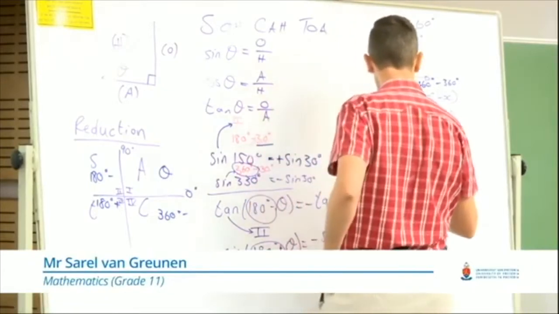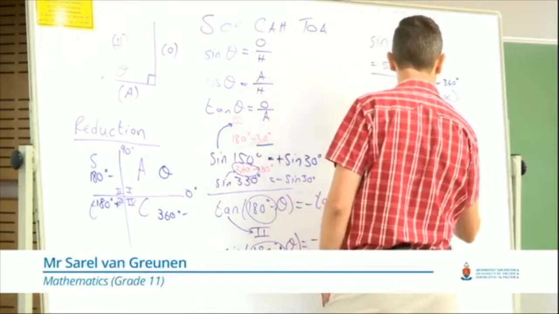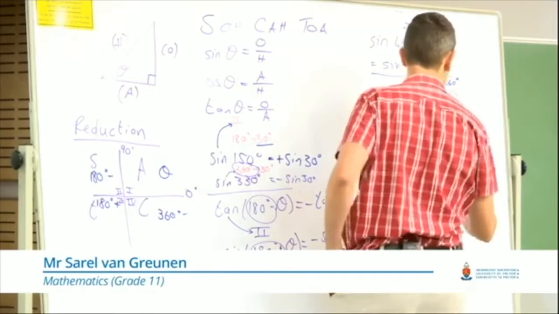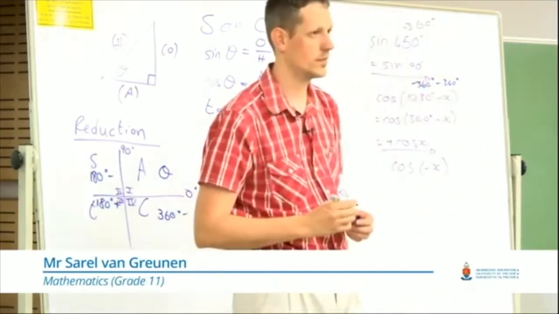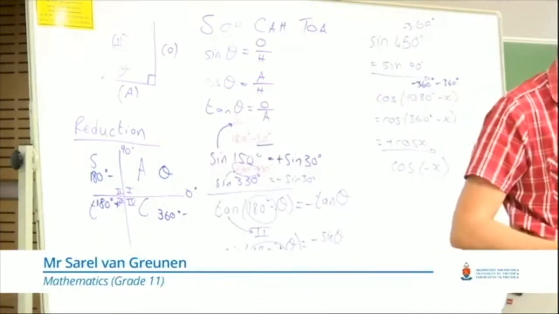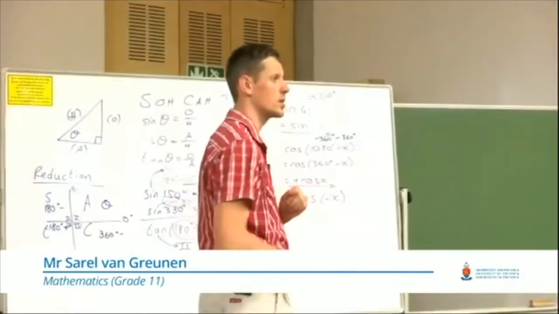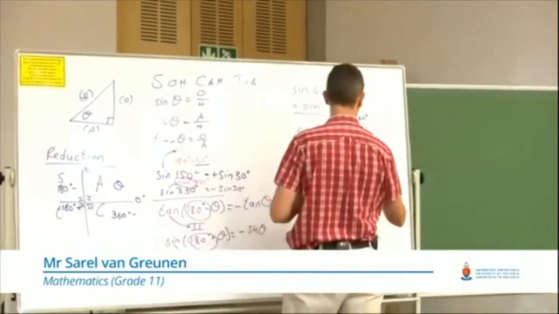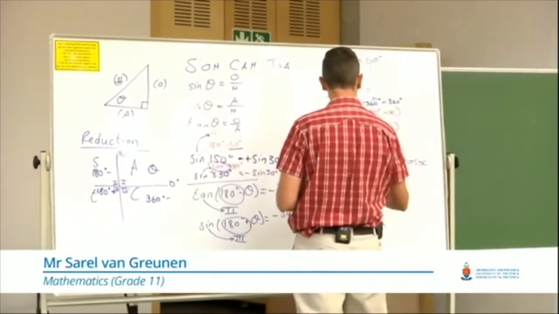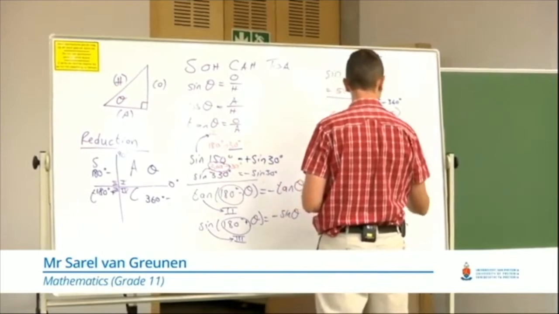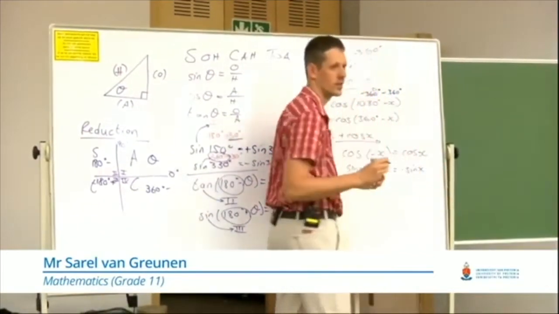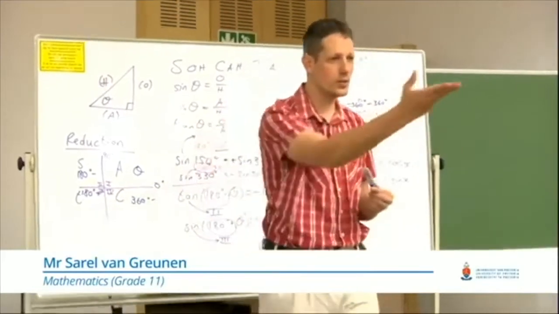Okay? Now let's quickly have a look. What if I've got cos of negative x? It's simply cos x. What if I've got sine of negative x? Now I've got negative sine x. Okay, now, how do you know this?